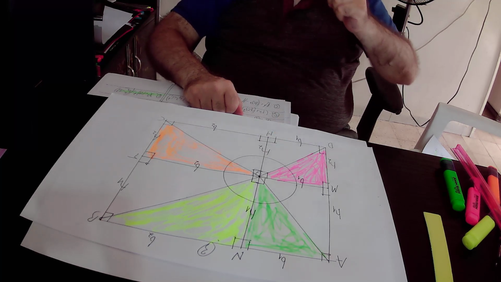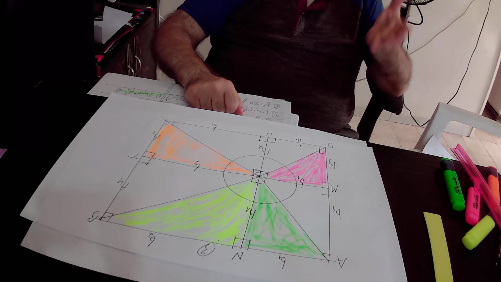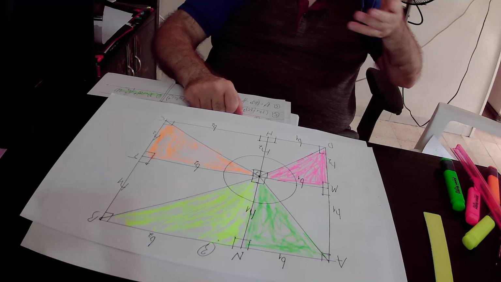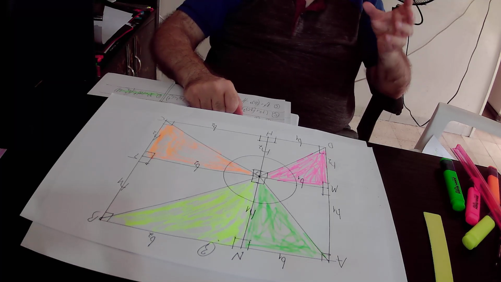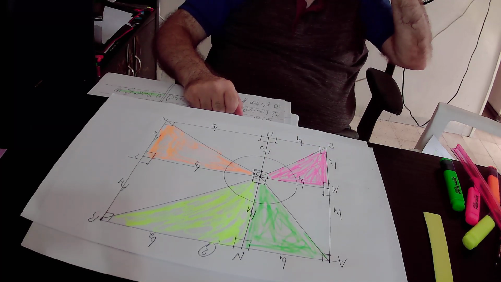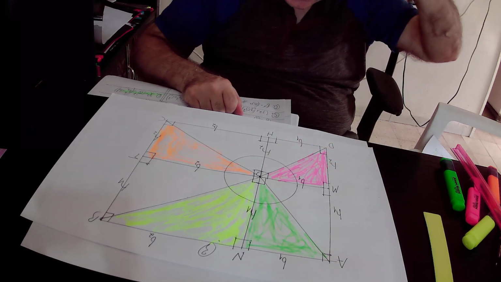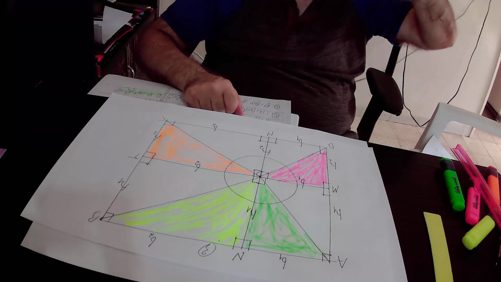Therefore, the missing fourth angle must also equal 90 degrees, because 270 degrees plus 90 degrees is 360 degrees. So this angle must equal 90 degrees. So inside quadrangle ANMO, we have 4 right angles. Therefore, quadrangle ANMO is a rectangle.